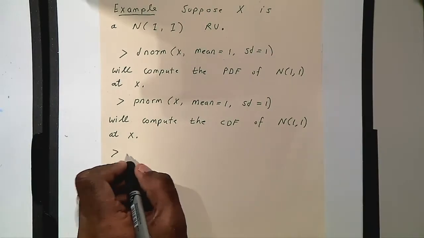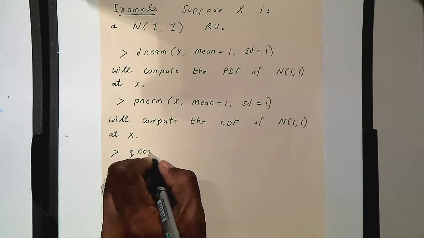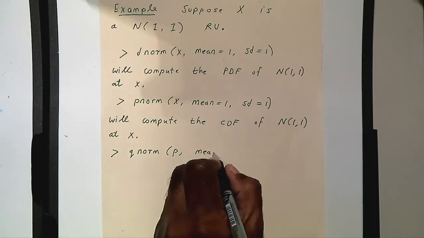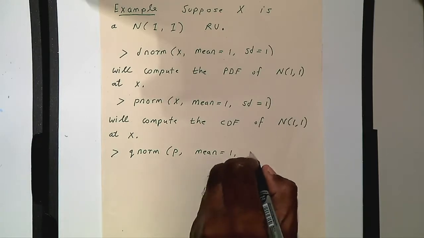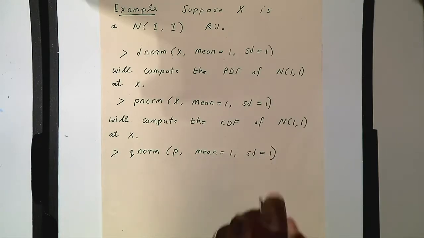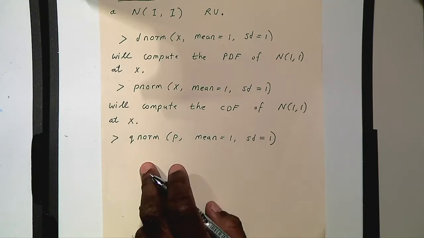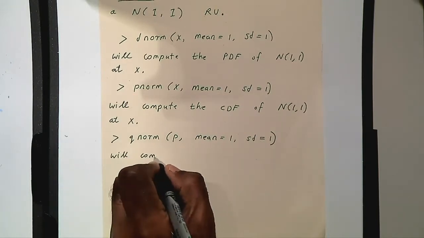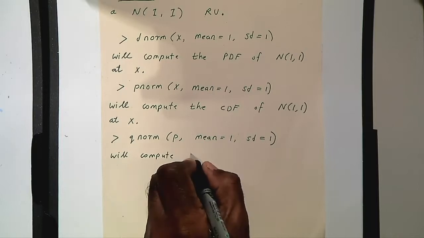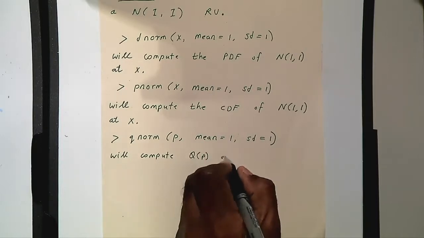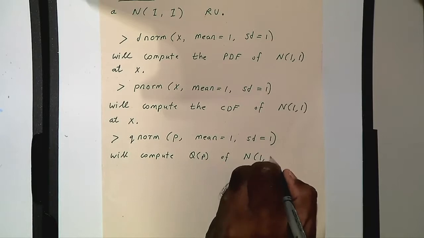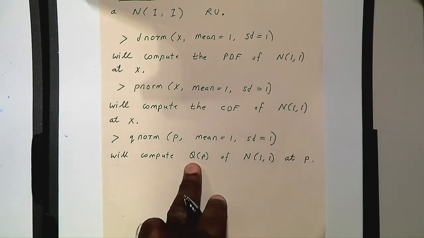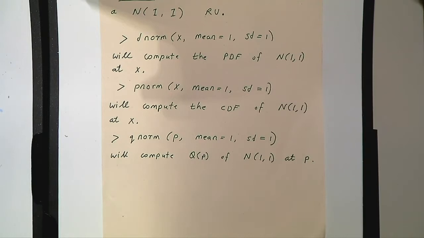And the next one, qnorm. This command qnorm will compute the quantile function q of p, which is defined by this, right?